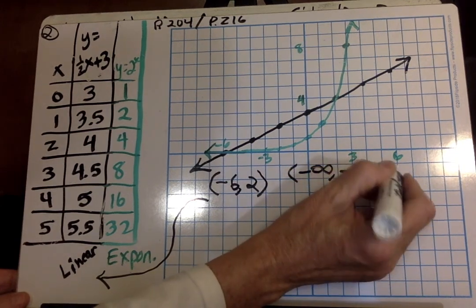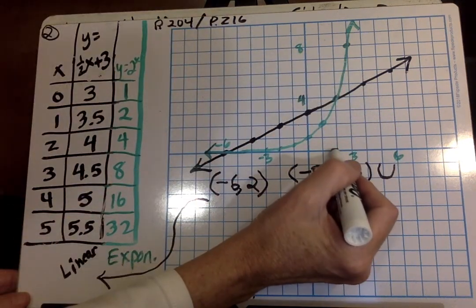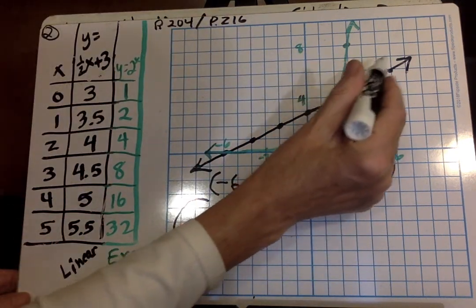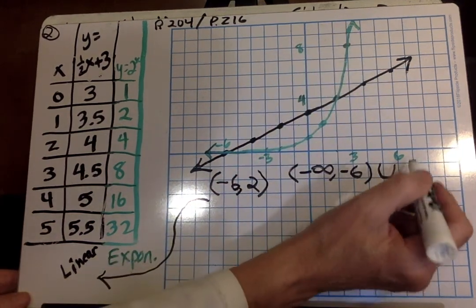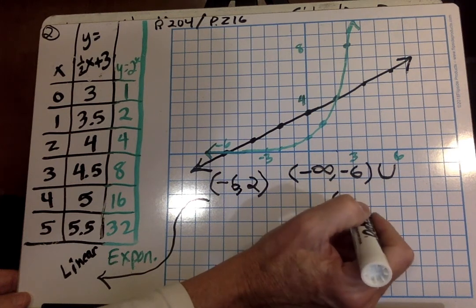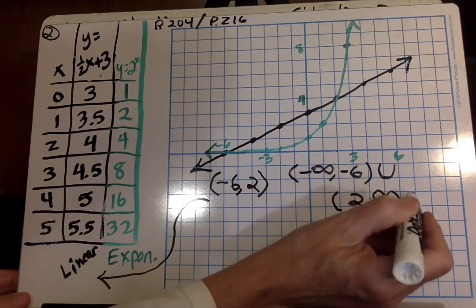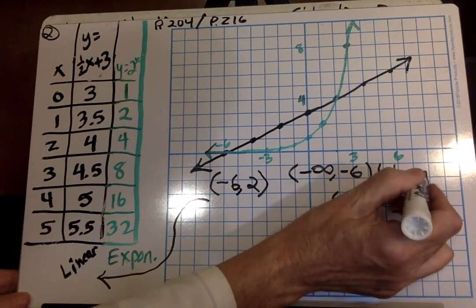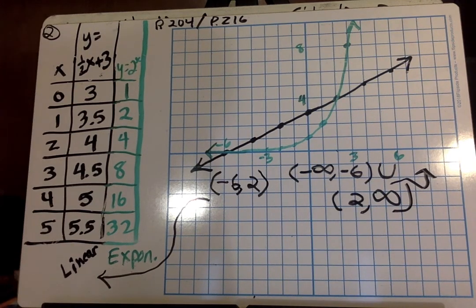I don't know if we necessarily need union there. It's also when it's right here, 2 and greater. See how this green is higher than the black? Then it will be a union with 2 going to infinity there. And again, you could put that right there. Okay? So that's how you do number 2.